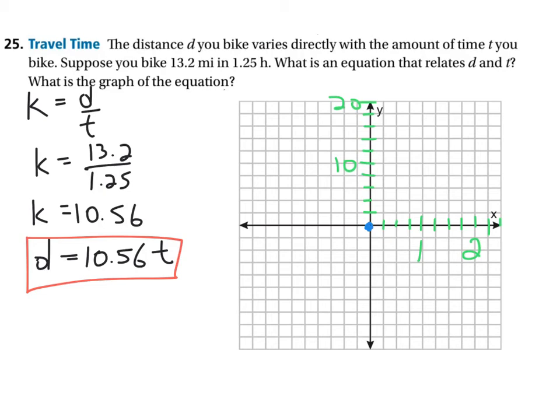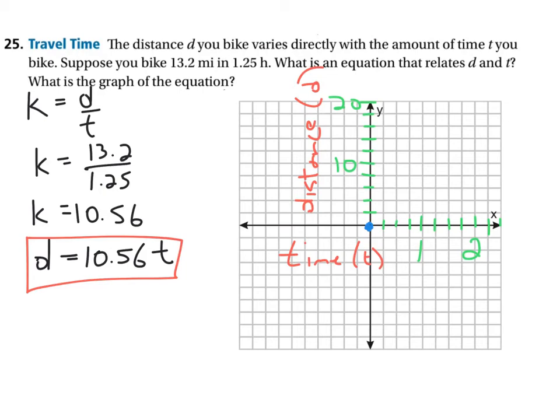Another point that I can plot would be, and just to be clear, this is the time, t, and this is the distance that results from riding for that amount of time, d. So we're clear on which variables we're using.